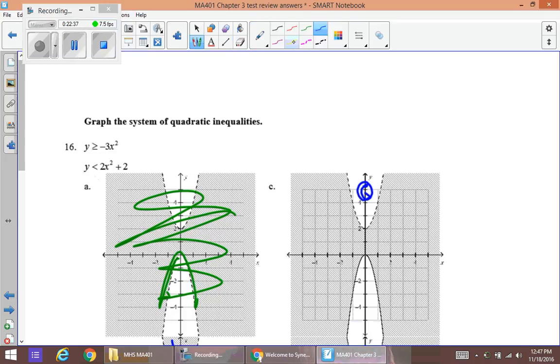Here we go. We are going to do a test point. You always want to choose 0, 0 if you can. And you know you can because there's no line going through it. So this graph definitely does not go through 0, 0. That's the lowest it goes. So I'm going to plug a 0 in for y and a 0 in for x. So is 0 less than 2? True. That's true.